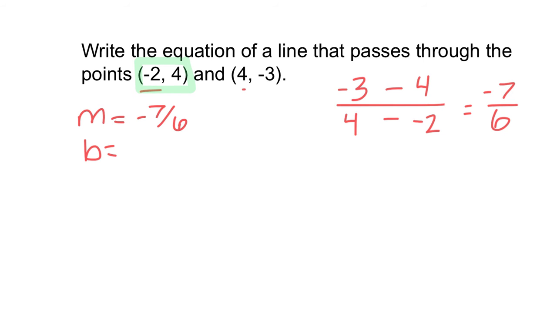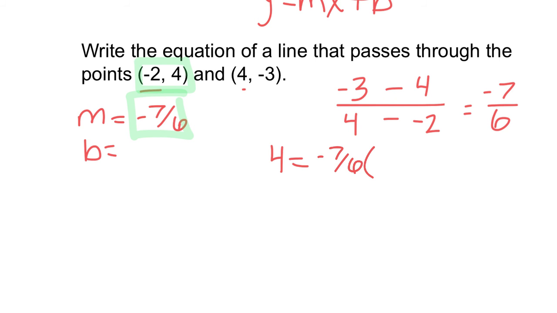So I'm going to take my point, and I'm going to take my slope, and I'm going to plug those into y equals mx plus b. You don't have to write that up there. I just want us to think about it. So that means where the y is, I'm going to put the y value from my coordinates. So I'm going to put the 4 in place of the y. 4 equals. Where m is, I'm going to put my slope, which was negative 7 over 6.